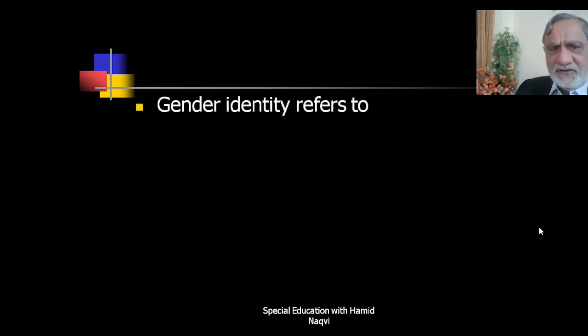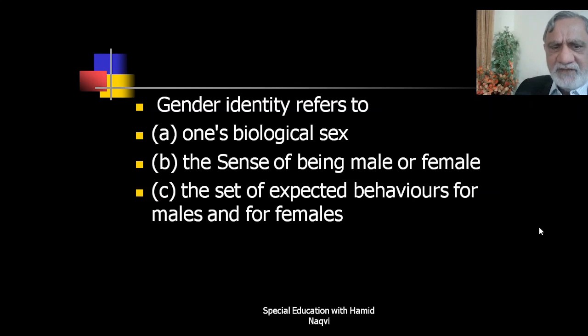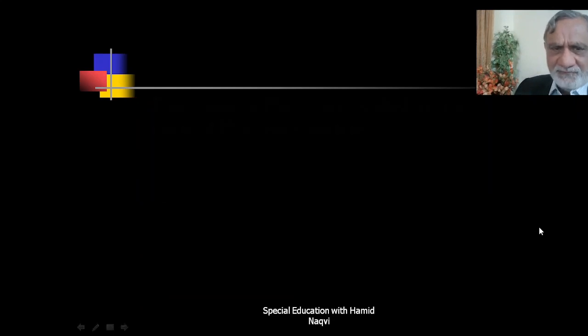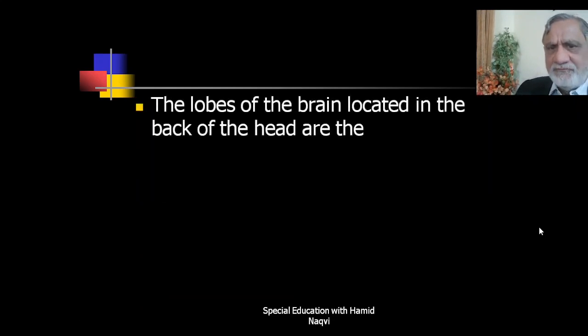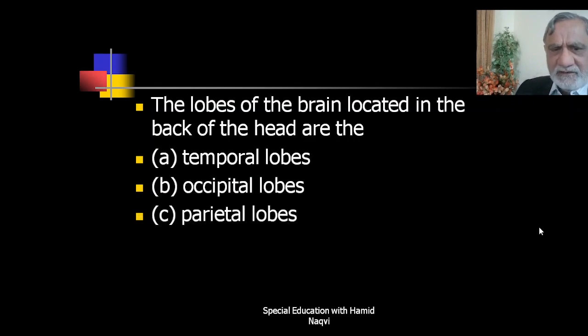Gender identity refers to one's biological sex, the sense of being male or female, the set of expected behaviors for males and females, or how masculine a boy is or how feminine a girl is? Correct is B, that is the sense of being male or female. The lobes of the brain located in the back of the head are the temporal lobes, occipital lobes, parietal lobes, or frontal lobes?